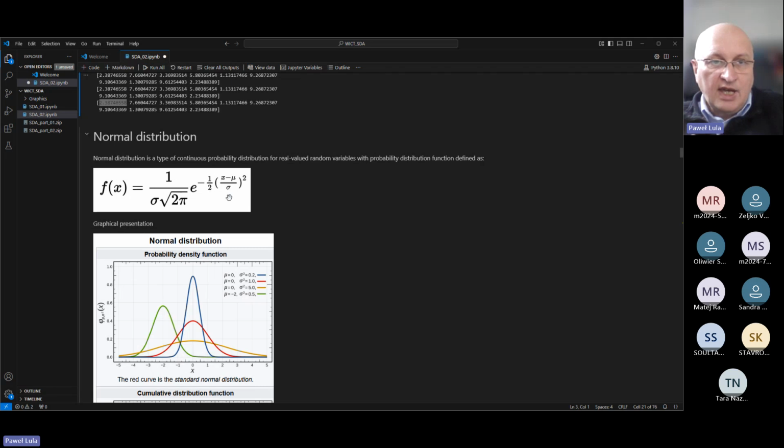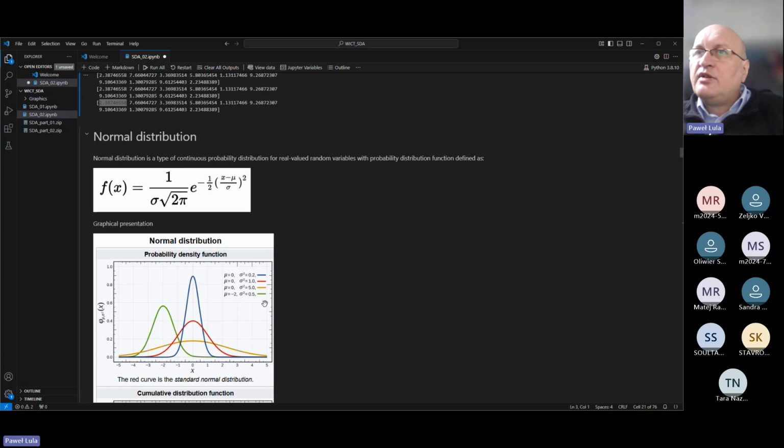I'm thinking about the arithmetic mean, calculated for all points in our data set. Sigma defines the width of this shape, which is used to describe the probability density function.